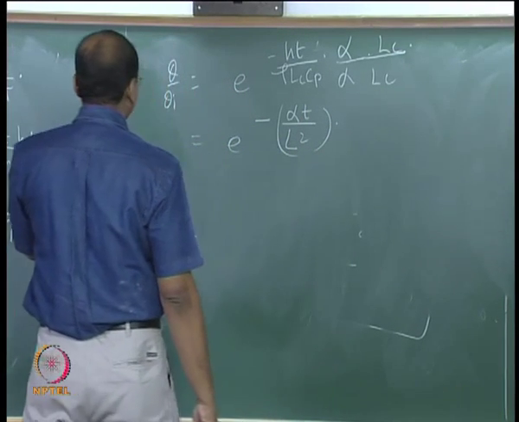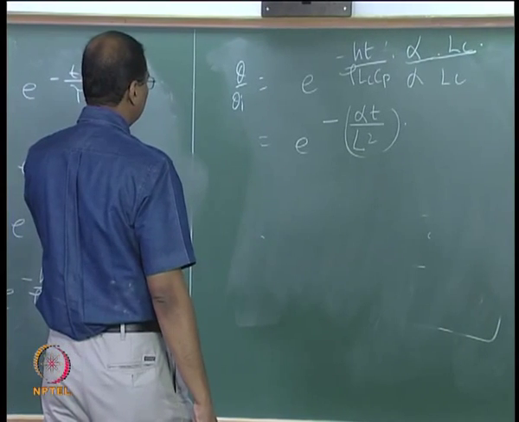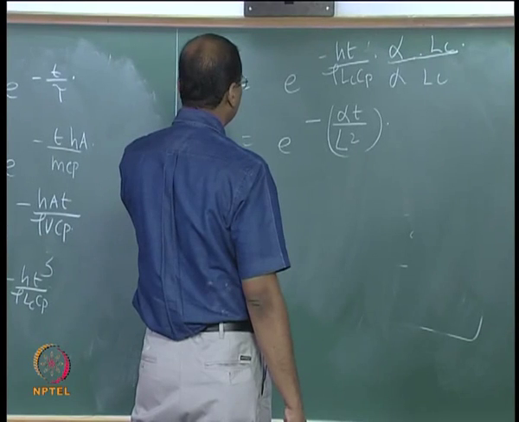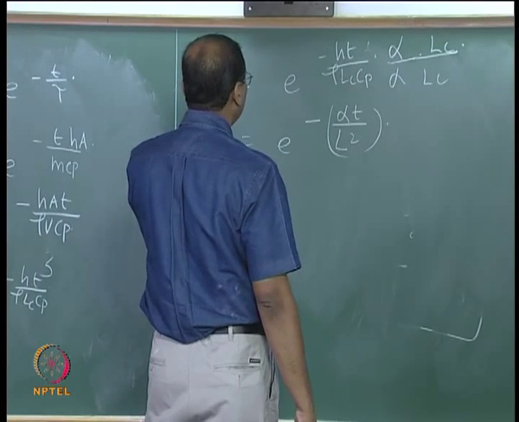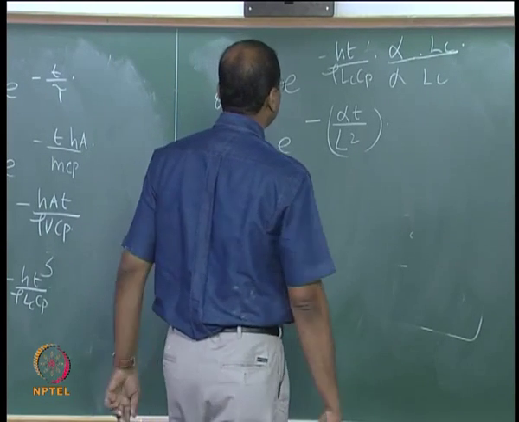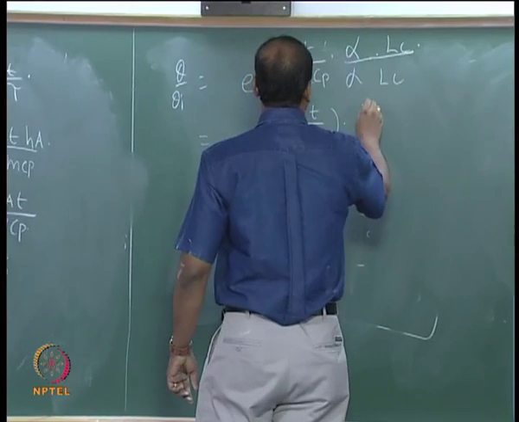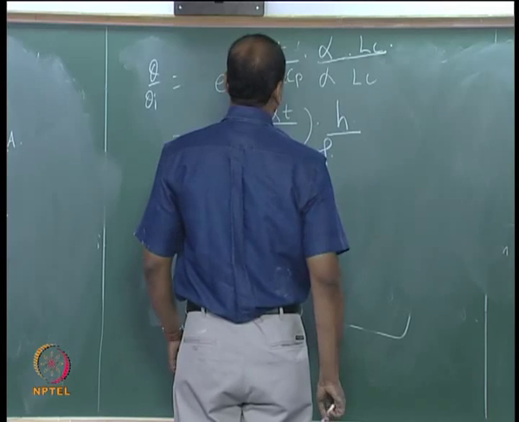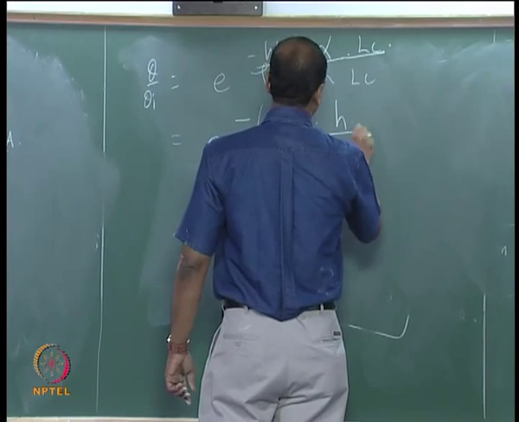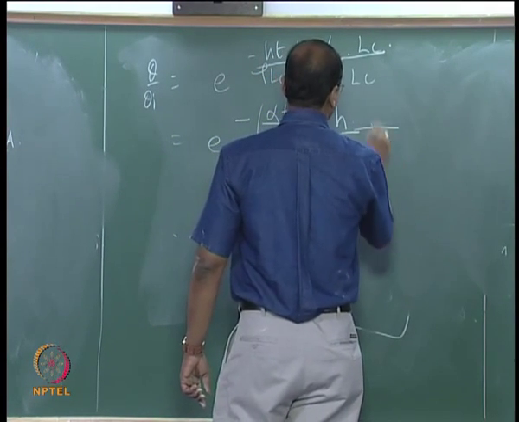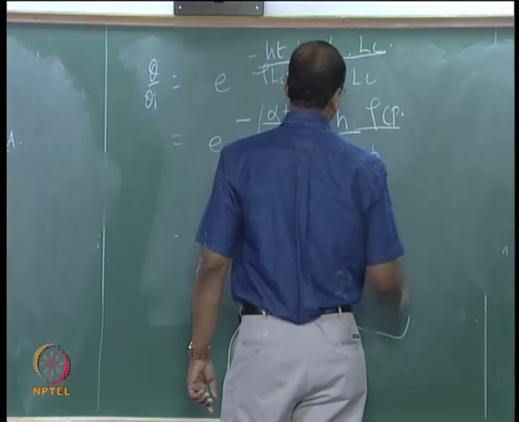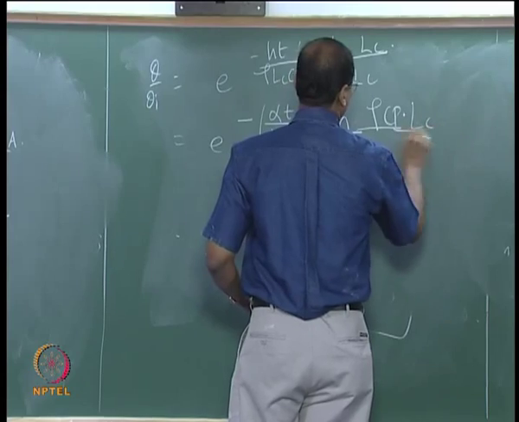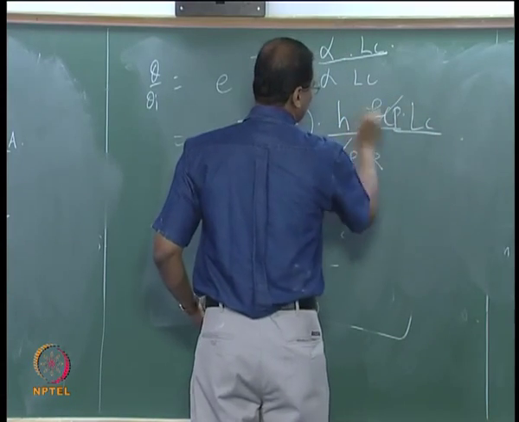What happened to the, not by Bio number, then there is a k, oh there is a k there, okay. Now what else is there? H rho Cp, alpha is denominator, k by rho Cp, some L is there somewhere. What is hLc by k?